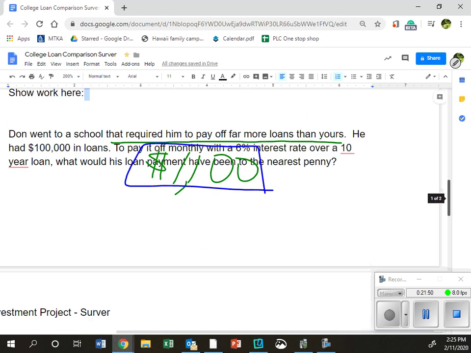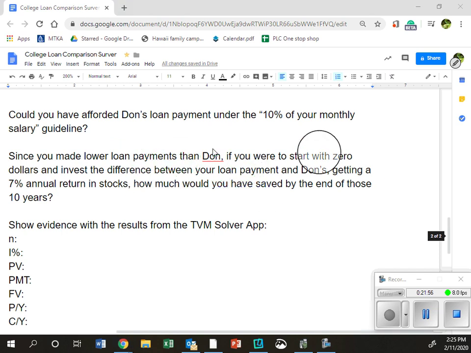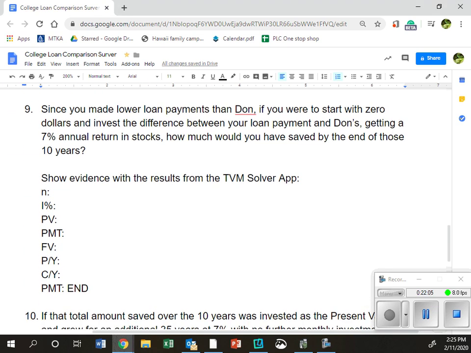Okay, now moving on to, could you have afforded Don's loan payment? Well, definitely not. Now here's where I got a ton of questions. Number 9. Since you made lower loan payments than Don, if you were able to start with $0 and invest the difference between your loan payment and Don's, okay, do you get Don's was like $1,100?